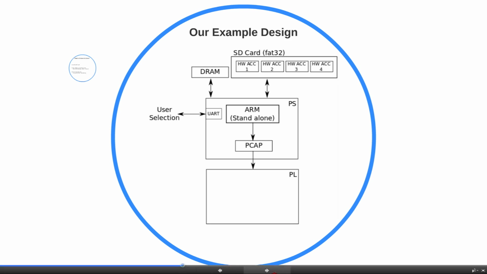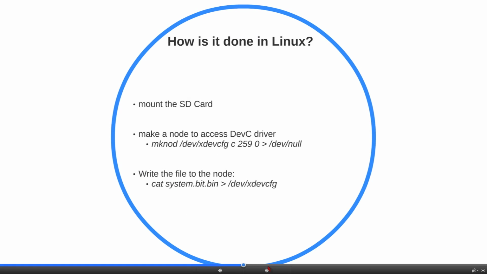Now, if I was running Linux, the process of reconfiguring the PL using a bitstream stored on the SD card is extremely simple. The Linux operating system running on our ARM host can do the entire operation for us. All you do is mount your SD card on a mount point.